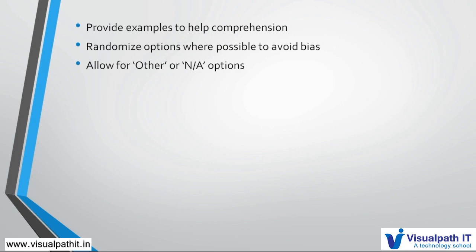When an other option is provided, it's a good idea to capture details via a text box, such as the example which we see in multiple websites or applications where you can write your own custom message into the survey questions.